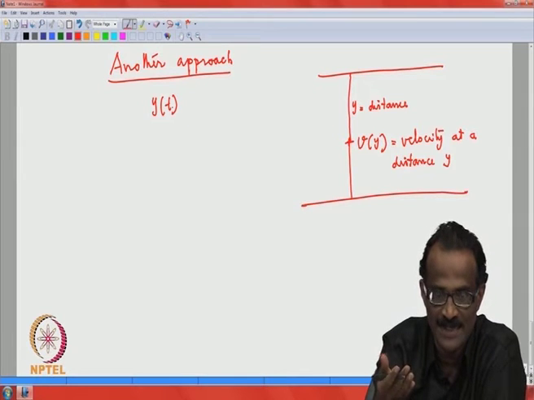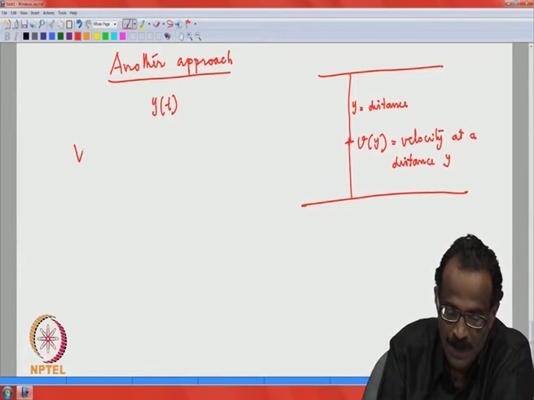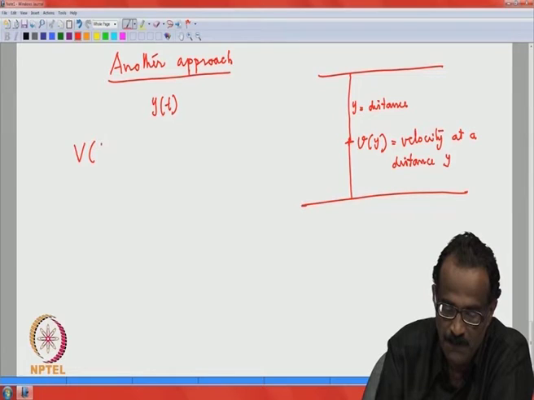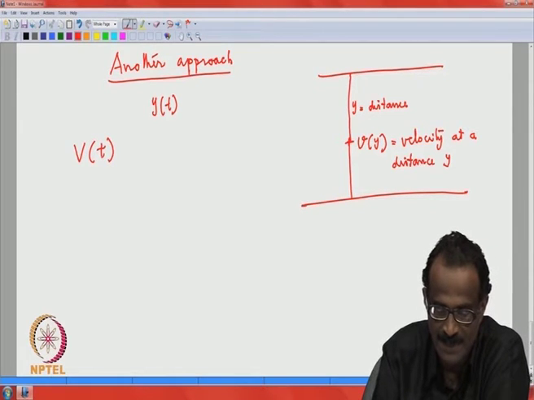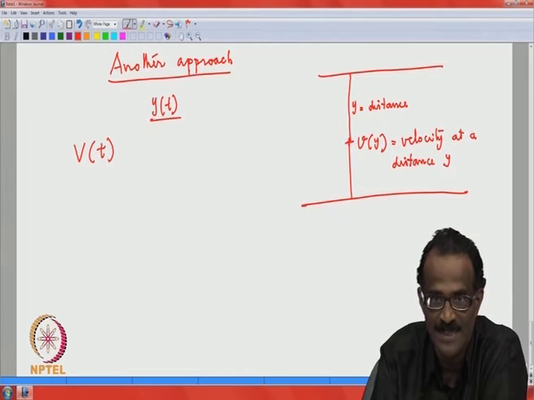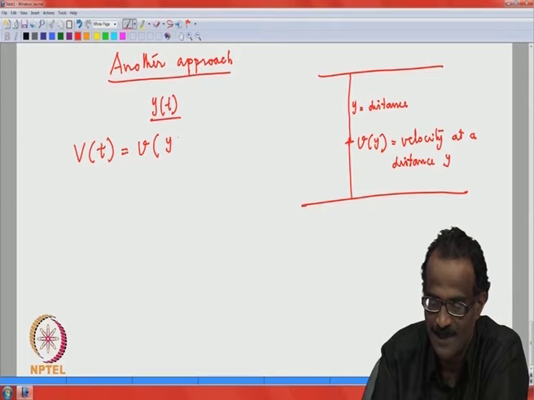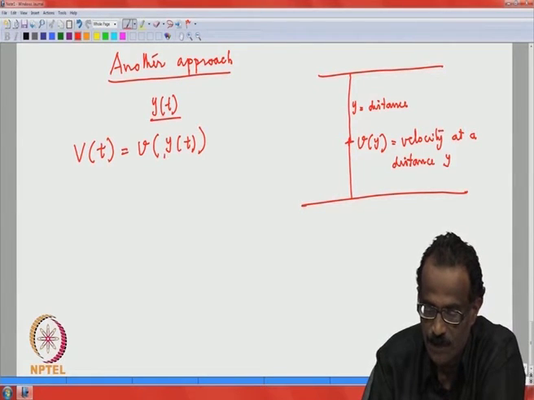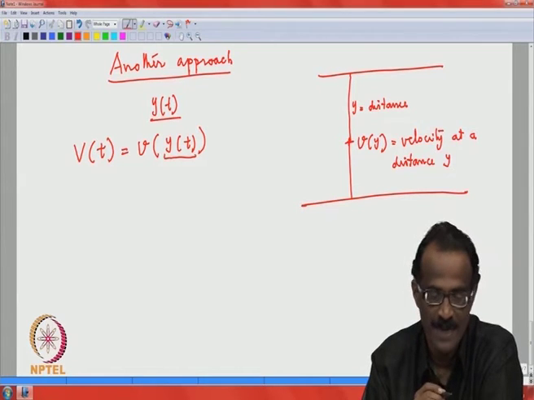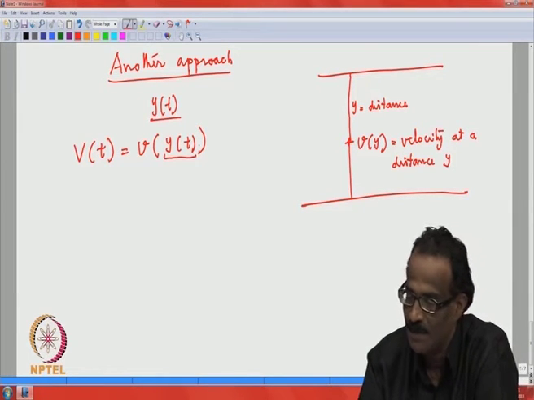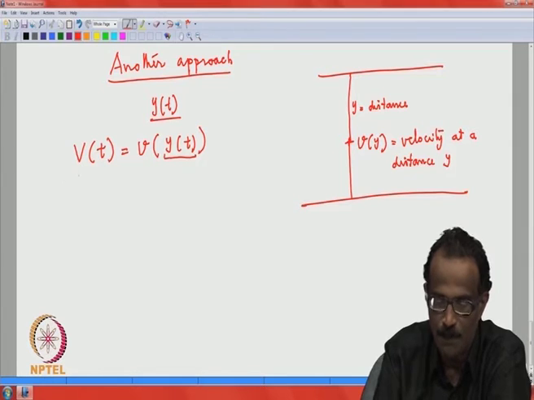If v is the velocity at time t, at time t your distance is y of t, so v of t is nothing but v of y of t. This relation you already have. So, at time t you are at a distance y of t, and then the velocity at that time is v of t.